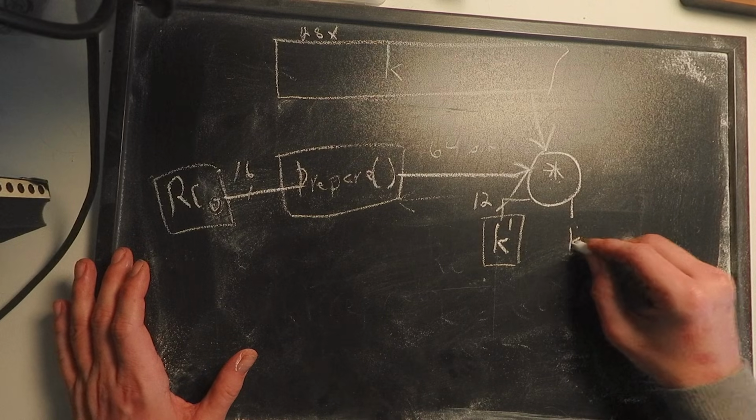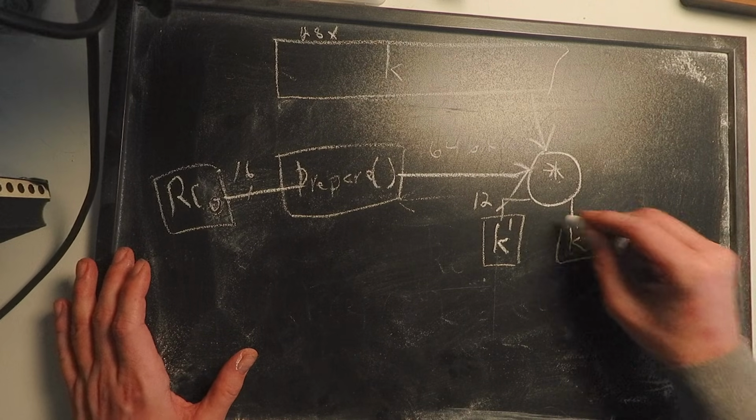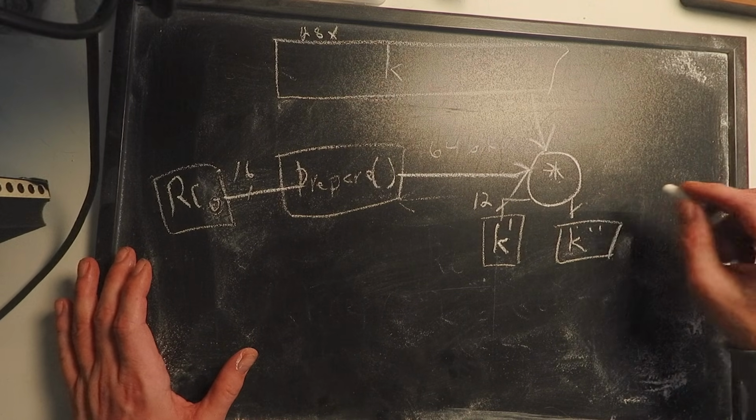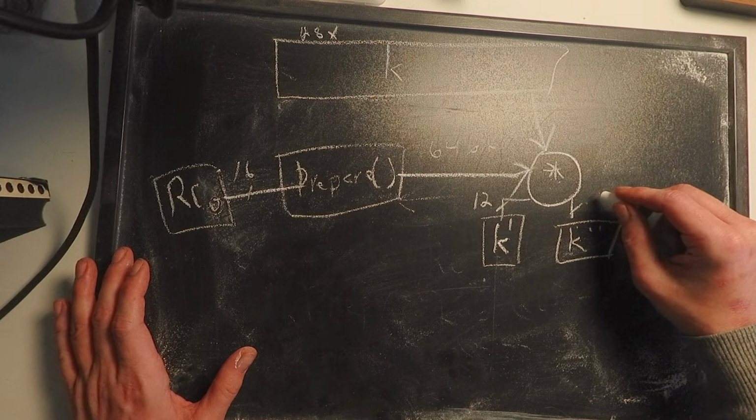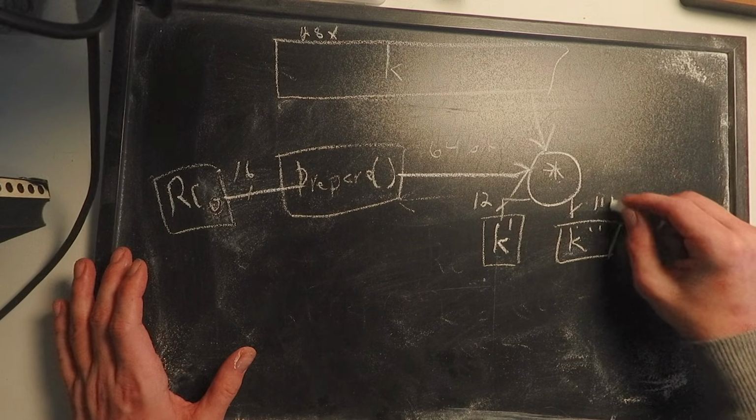Let's call this K double prime. And this is the rest of the 128, so 116 bits.